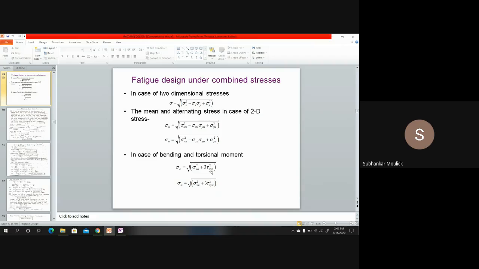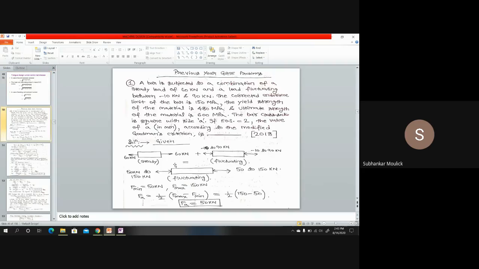These equations you have already studied in theories of failure, for how to get the value of sigma and tau when a combined load is acting. Similarly, the mean stress sigma m is given by under root sigma x m square plus 3 tau x y m square. If you use this equation, then you can design the component for combined stresses. Is it clear?